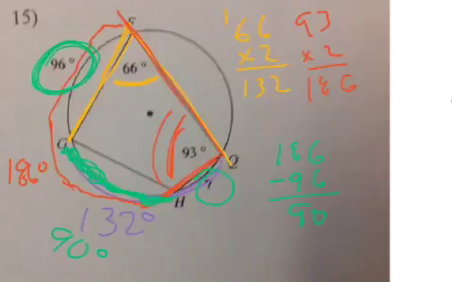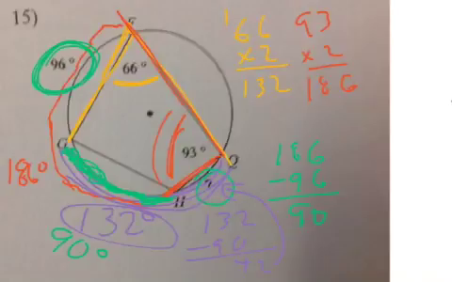And I know, follow the purple from there to there is 132 degrees. So now all I need to do is take 132 minus 90, and notice I now have figured out that that missing arc right there is 42 degrees.